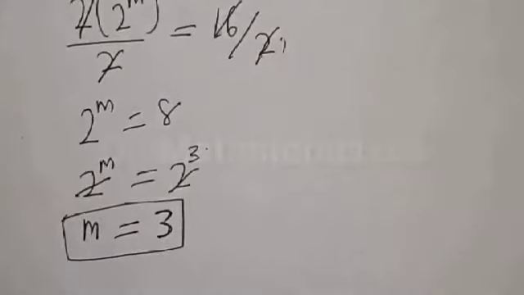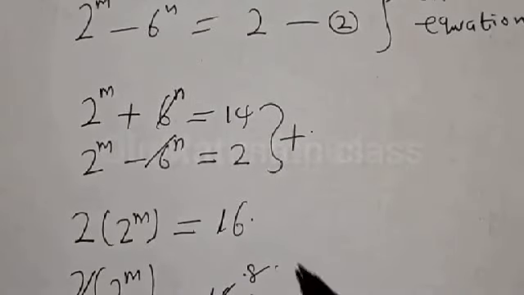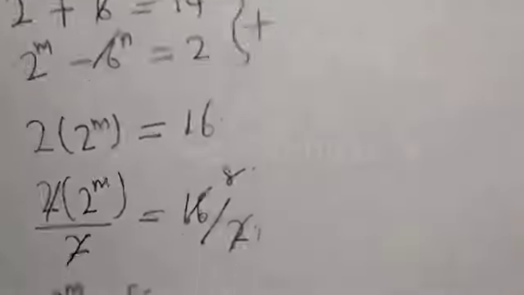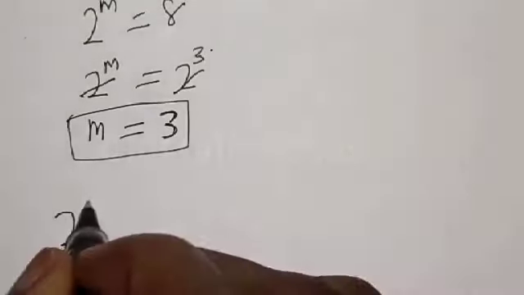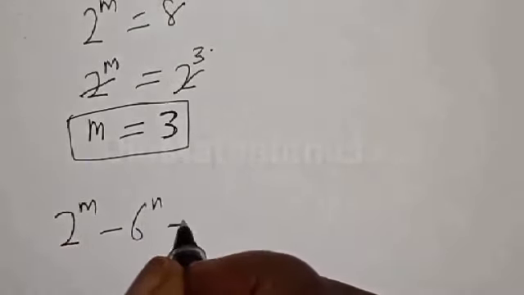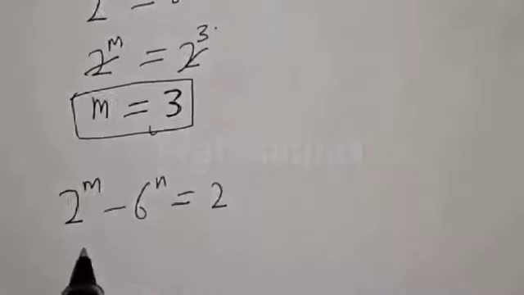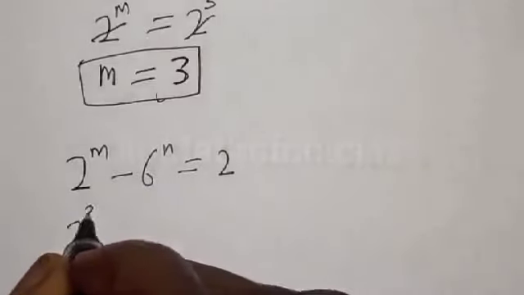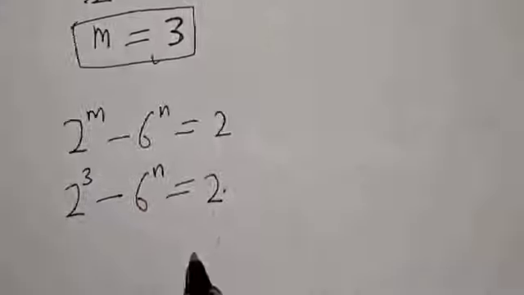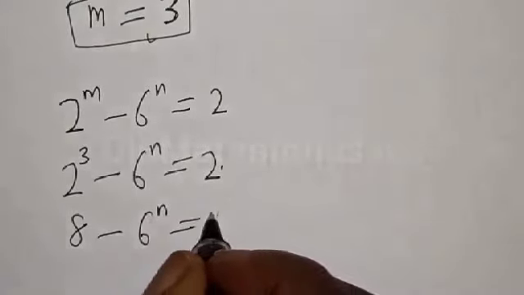Then also, let's substitute for m in either equation 1 or 2. I'm going to pick equation 2. 2 raised to the power m minus 6 raised to the power n is equal to 2, and m is equal to 3. We have 2 raised to the power 3, which is 8, minus 6 raised to the power n is equal to 2.